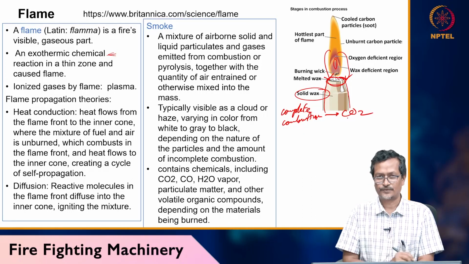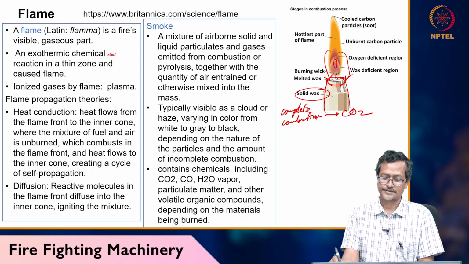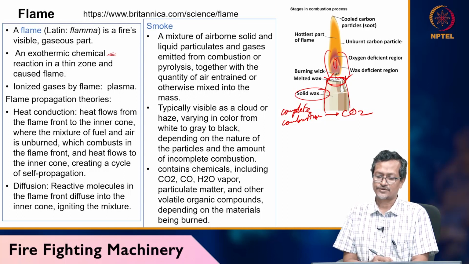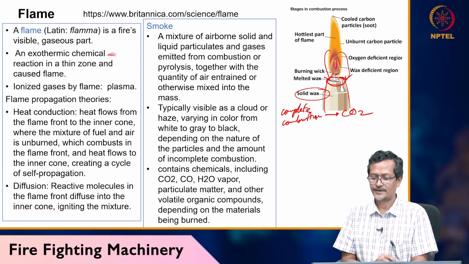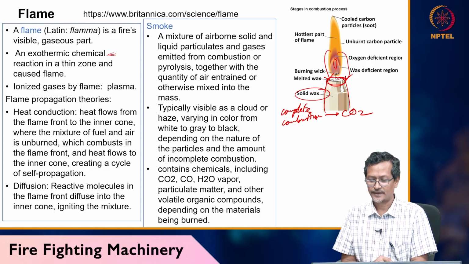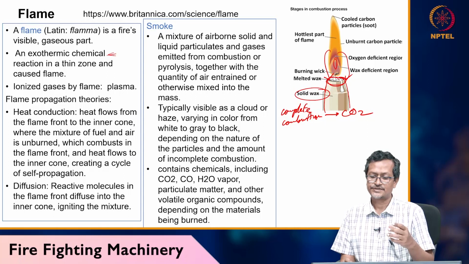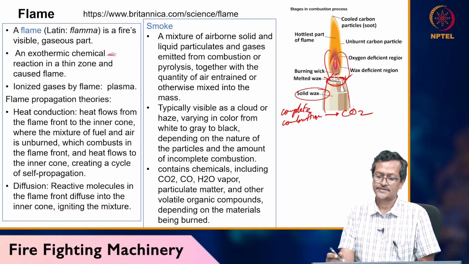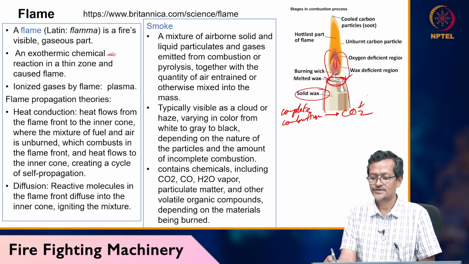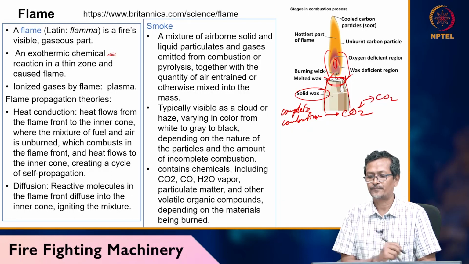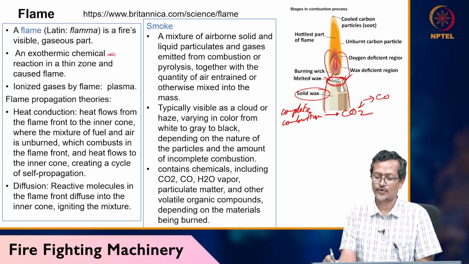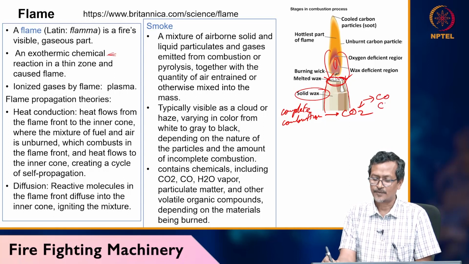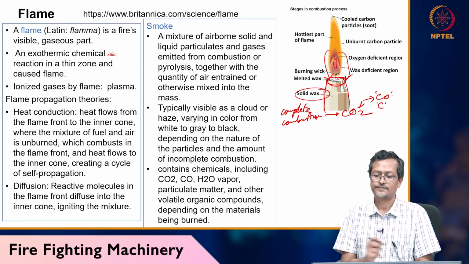You get CO2, which is colorless. If it is an oxidizing flame, it will be yellowish bluish in color, but no black smoke will be coming. But if the oxygen supply is lower, CO2 will not be formed. Because of oxygen deficiency, CO, carbon monoxide, will be formed, and some carbon particles will be unburnt also.